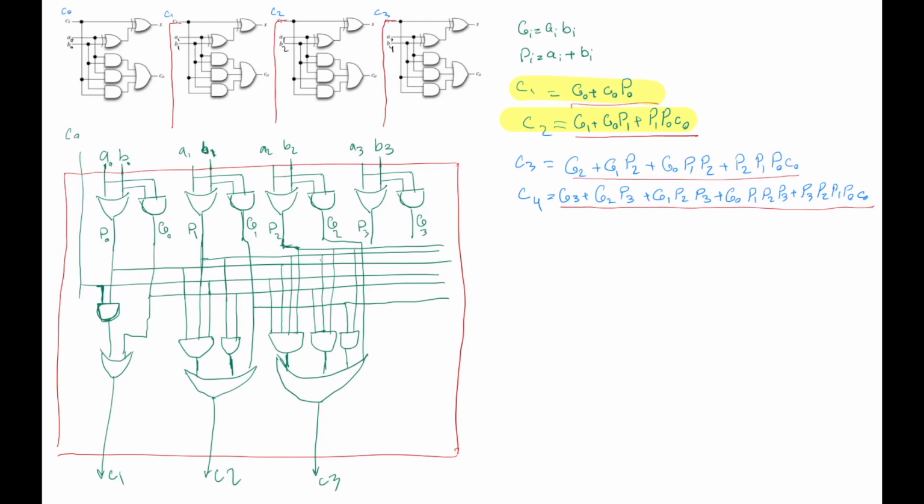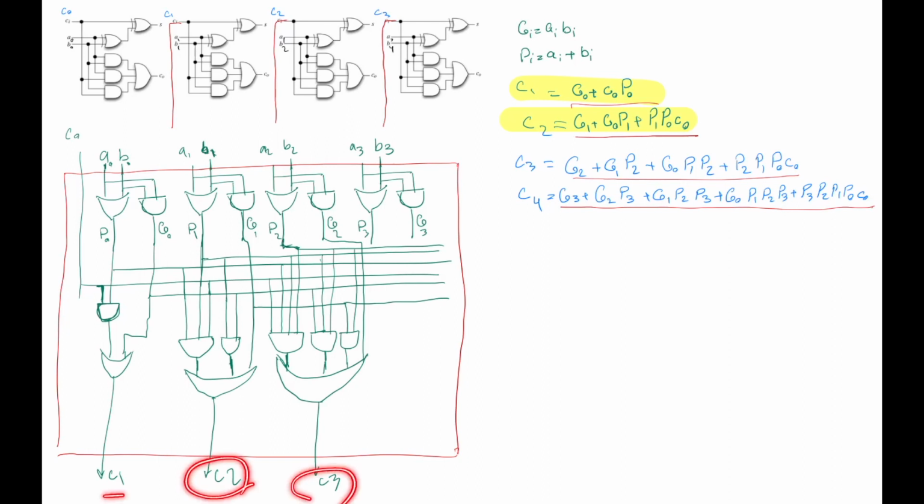We just need these G's and P's. But this hardware gets more and more complex because now you need an OR of 4 inputs, and an AND of 4 inputs, AND of 3 inputs, 2 inputs. That's for C3. For C4, it's even worse. You need ANDs and ORs of 5 inputs. So we can't continue doing this, but to the extent that we can, it's a good design.